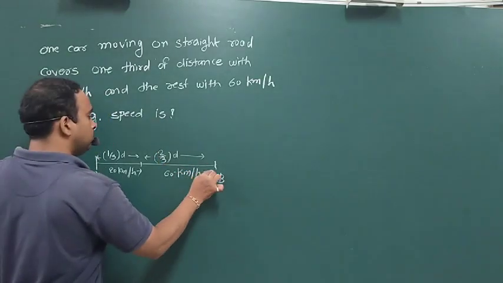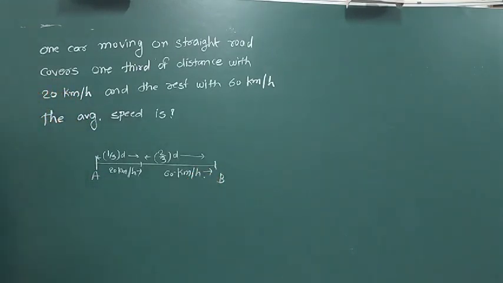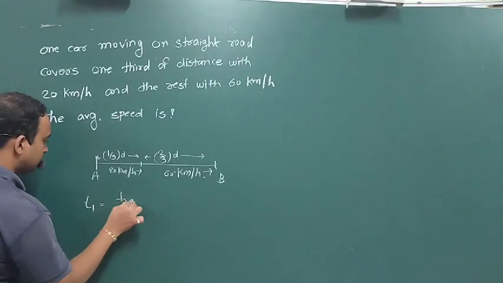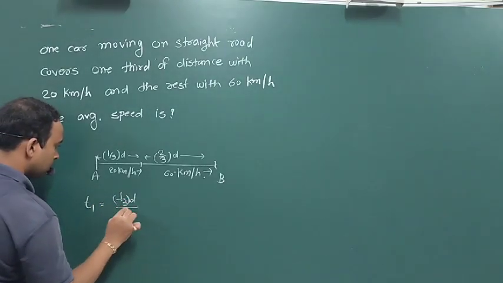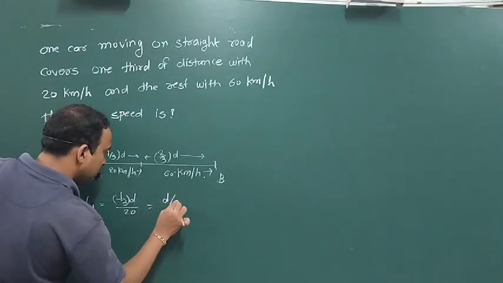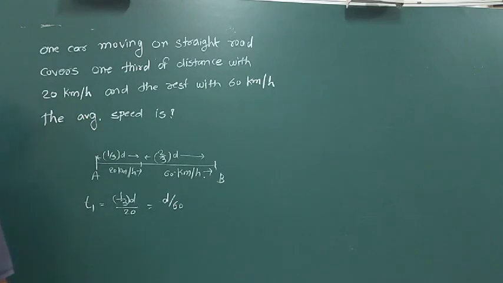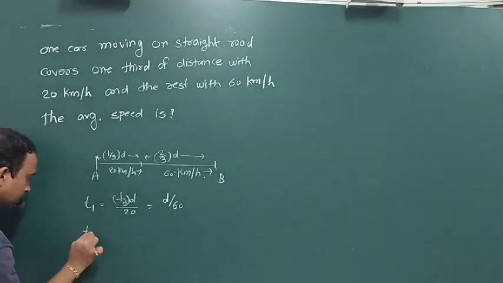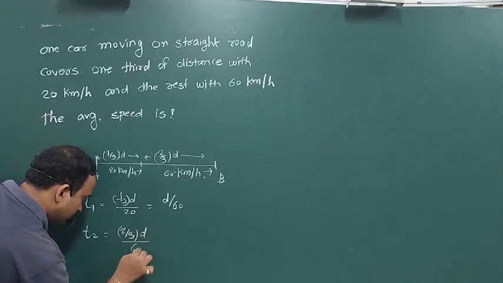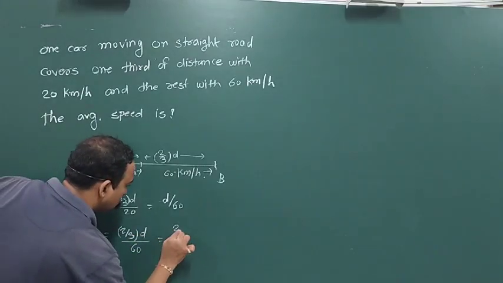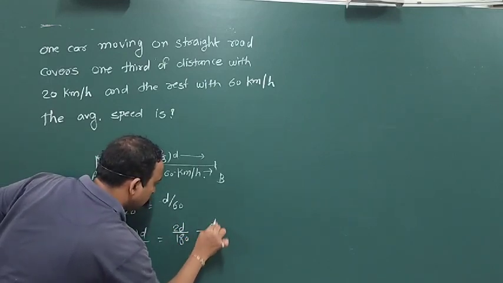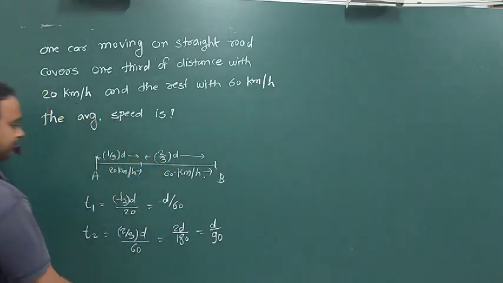Okay, so now to find the average speed, time taken is equal to distance upon speed, so it is equal to d upon 60. Okay, and for the next, that is 2/3 distance covered with 60, that means 2d upon 180, which is equal to d upon 90.